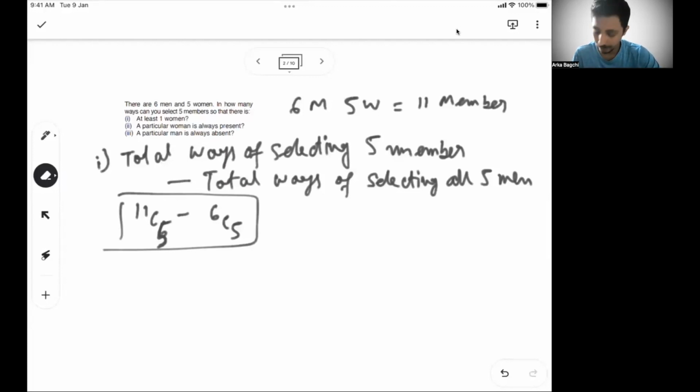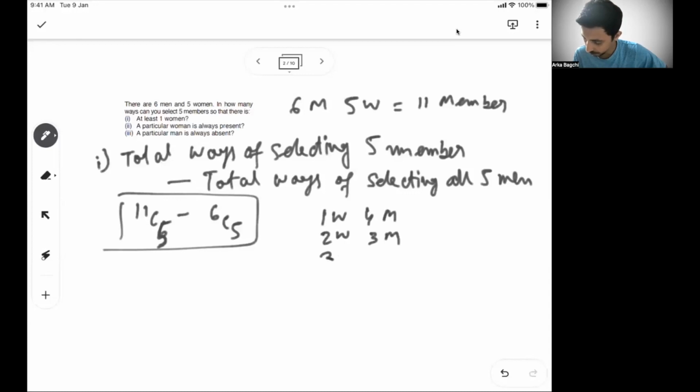The other way of doing it is you can think of, there is at least 1 woman, they said, right? So you can think of 1 woman, 4 men; 2 women, 3 men; 3 women, 2 men; 4 women, 1 man; or all 5 women, 0 men. So this is also possible. So the first one is how many ways you can select 1 woman and 4 men.